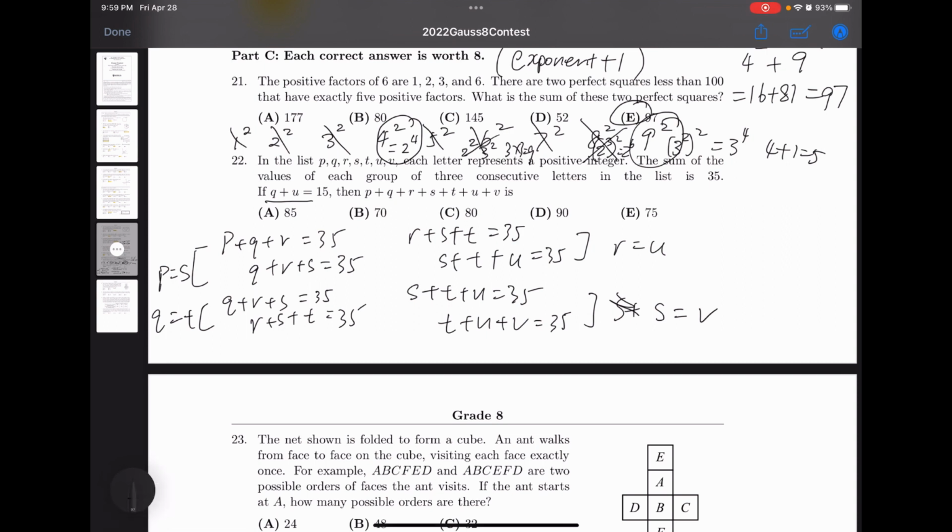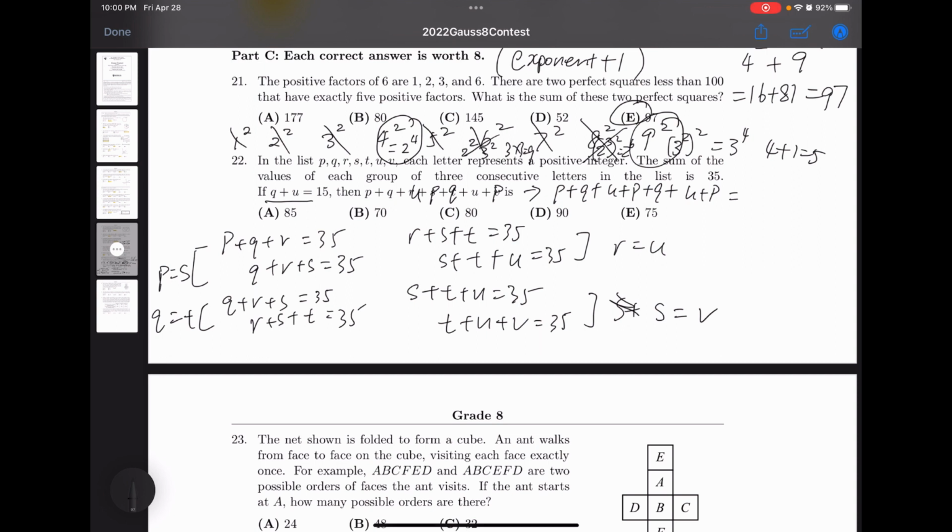We can replace T with Q, and we can also replace R with U. And S equals V, and S also equals P. Therefore, we can use P to represent S, V, and P. So we replace S with P and V with P. Therefore, we can rewrite the sum as P plus Q plus U plus P plus Q plus U plus P.